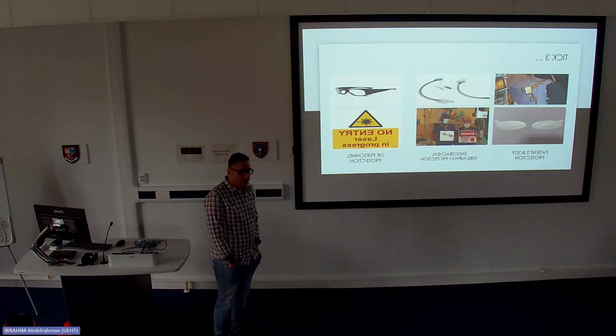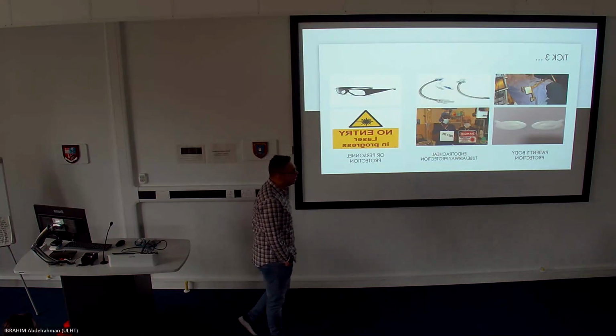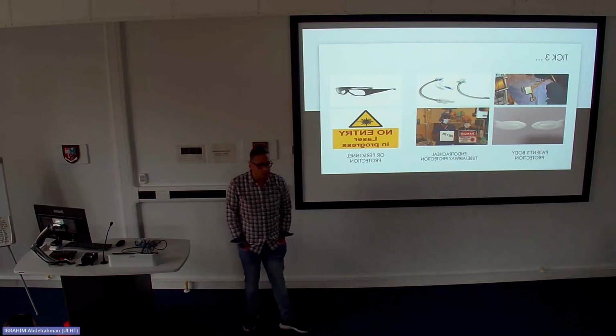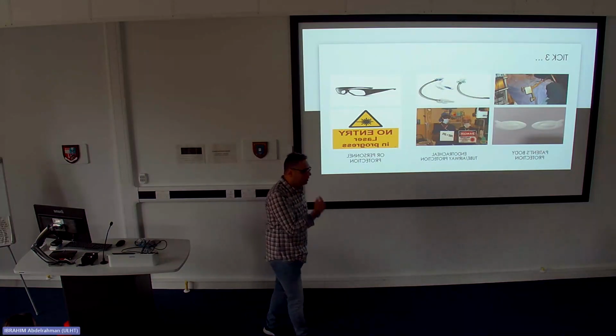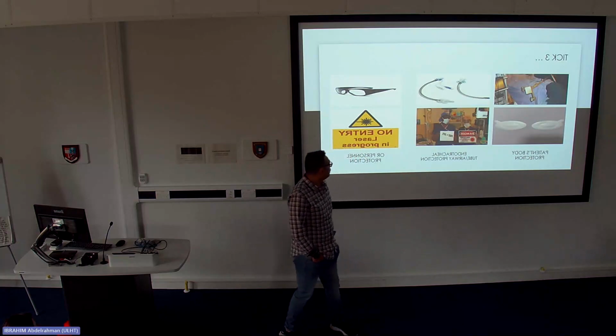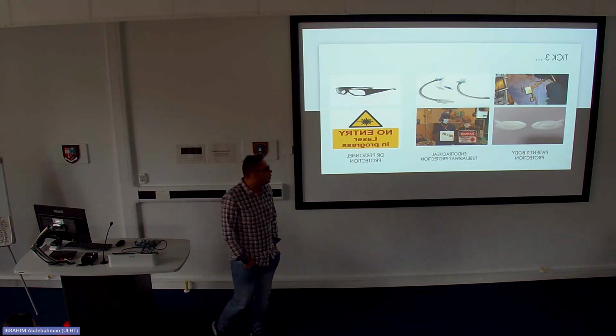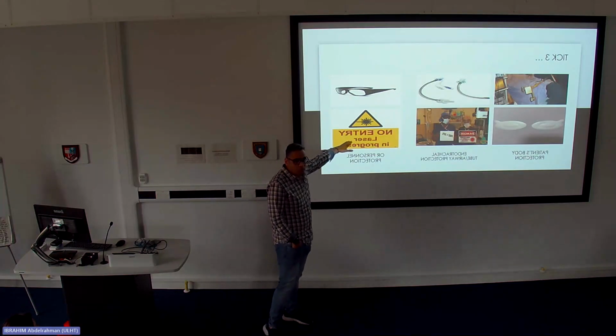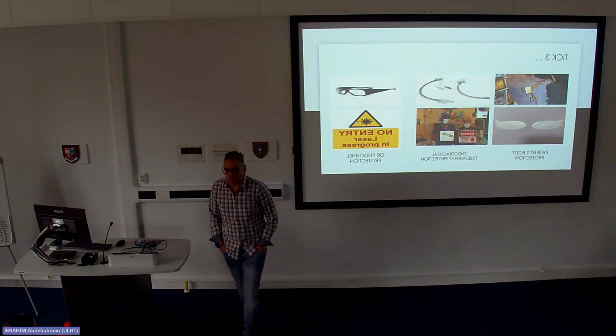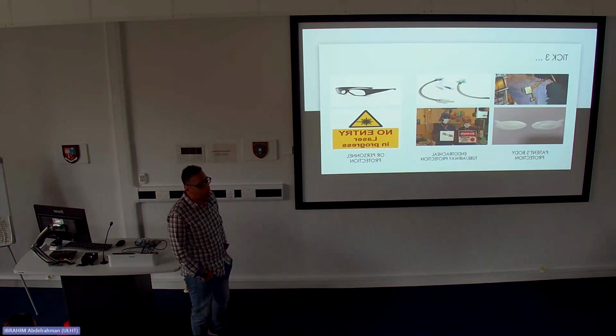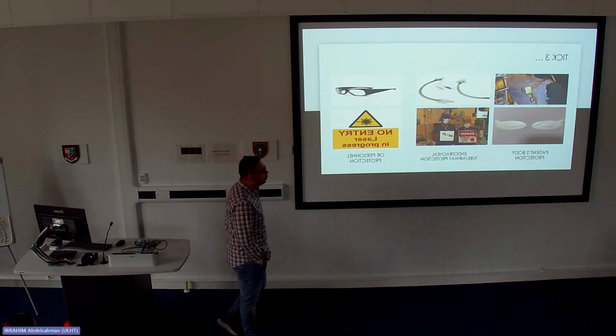We also have to make sure that everyone is using glasses. The safety should also include people outside, so a warning label should be posted to make everyone aware if you're going around.